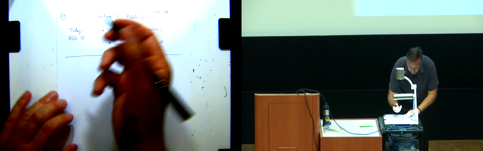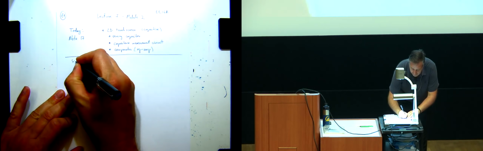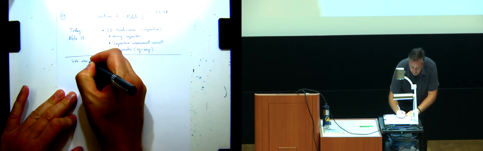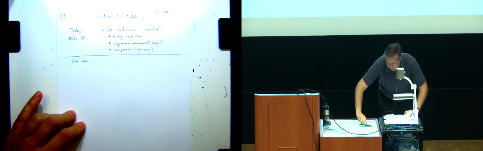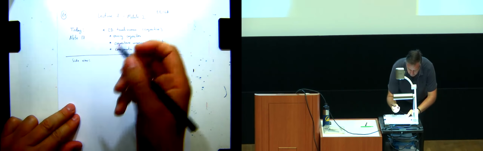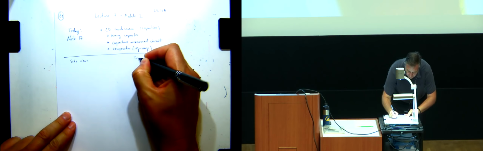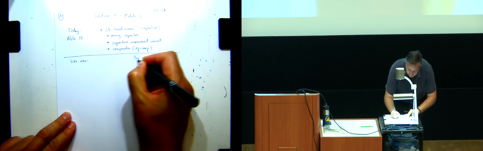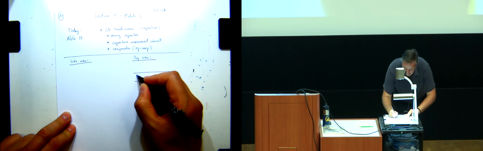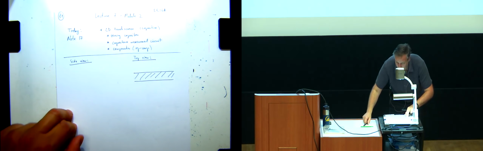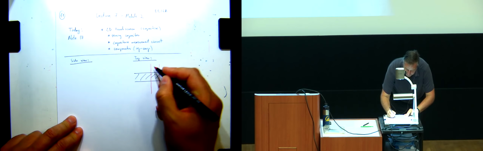Okay, so let's dive into it. We'll have a side view, just like we did with the resistive touch. We're just going to look at the geometry, try to understand what's happening here. So I'll have actually top view and side view. Maybe I just draw the top view first, so it's easier for you to see. In the top view, I'll have a metal conductor, and then I'll have another metal conductor on top of it.